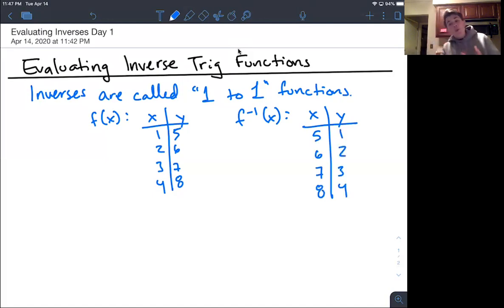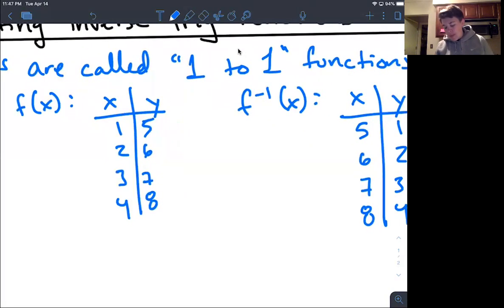The one-to-one function basically means that each input has exactly one output. This is different than a regular function, because a regular function says every input has a unique output, so there are no repeating x values. In a one-to-one function, not only are there no repeating x values, there are also no repeating y values.